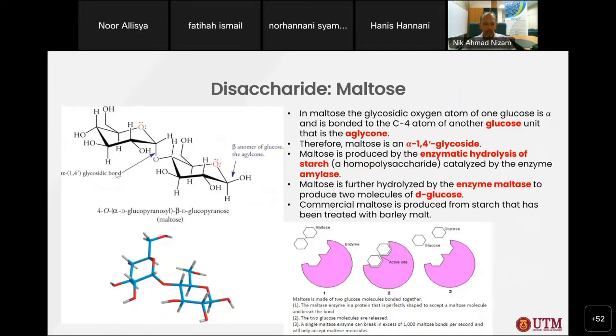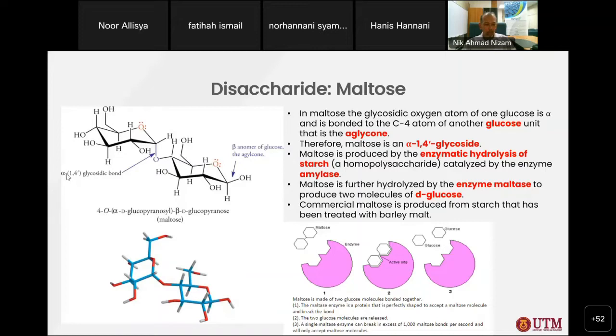Okay, so this is an alpha 1,4 glycosidic bond. This alpha means that this comes from the alpha glucose here. And then this is beta glucose. This is at position number 1, and this is position number 4. Okay, 1, 2, 3, 4, carbon number 4.